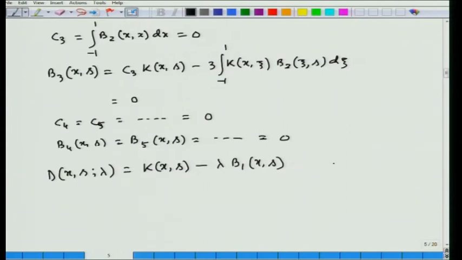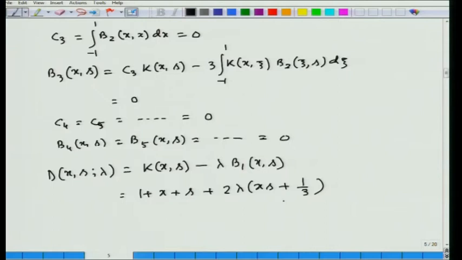So, none of the terms will come here, and ultimately you will find D(x, s; lambda) is equal to 1 plus x plus s plus 2 lambda multiplied with (xs plus 1/3).